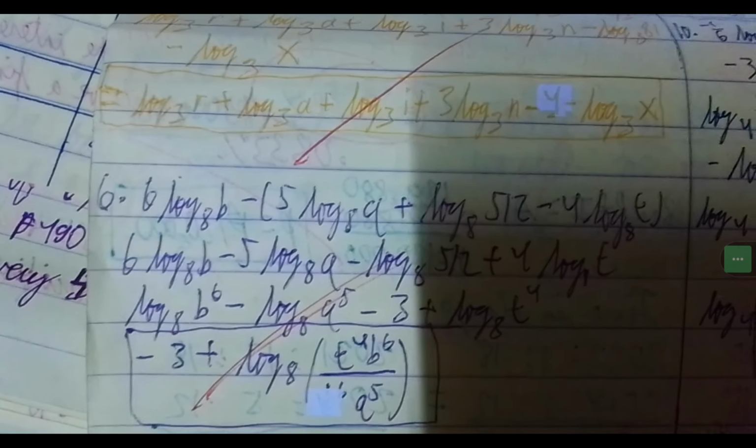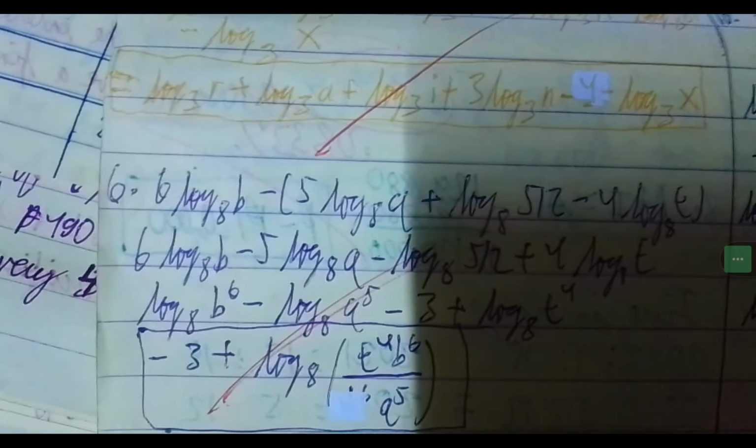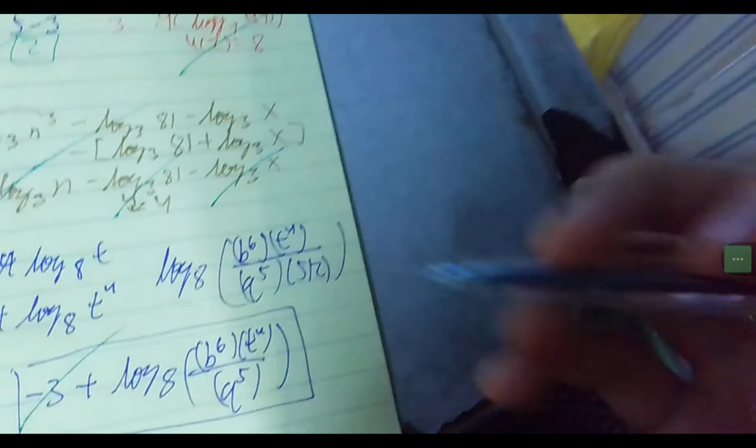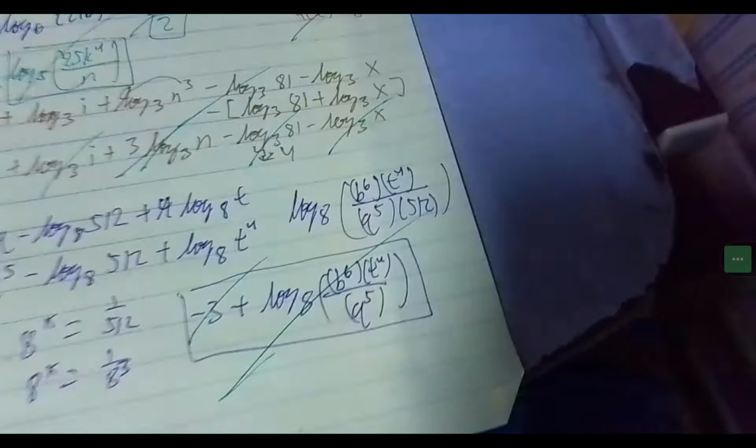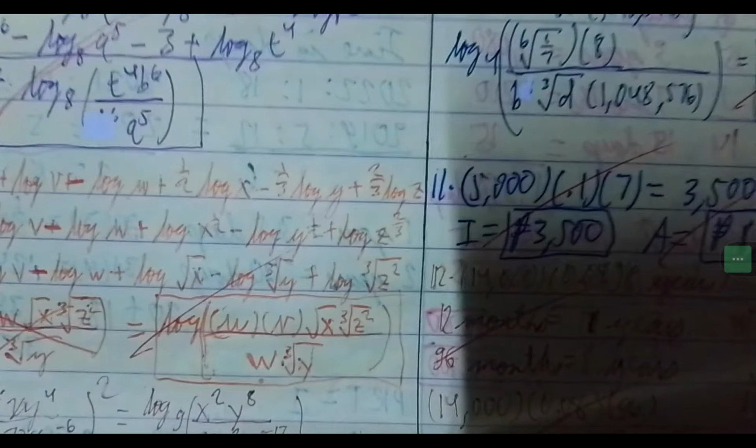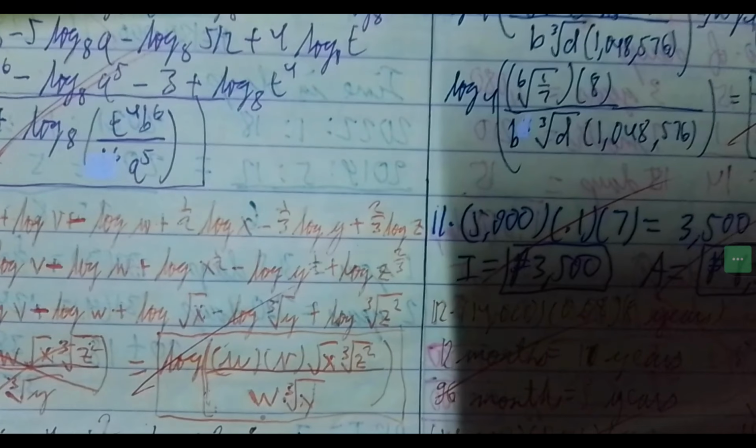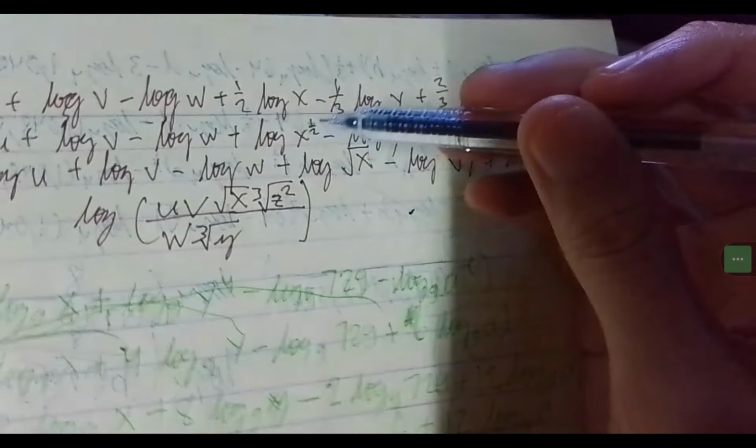Log base 3 of a plus log base 3 of i plus 3 times the log base 3 of n minus 4 minus log base 3 of x. Correct. That can still be written as negative 4 plus 3 times log base 3 of n, and then copy the rest. Number 6, we're supposed to get negative 3 plus log base 8 of t raised to the 4th power, b raised to the 6th power, all divided by q raised to the 5th power.